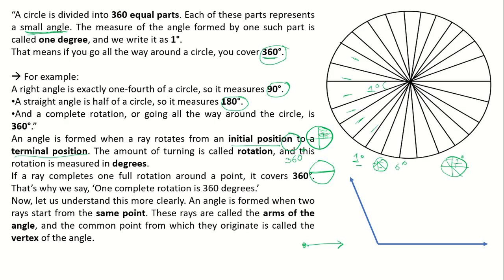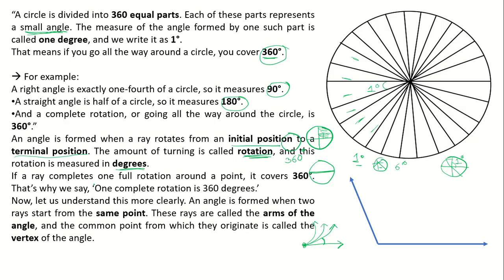When this ray moves in some direction, from its initial position to its terminal position, this is called an angle. The amount of turning is called rotation, and this rotation is measured in degrees. As in the circle, I have explained 1 degree, right? Similarly, this rotation or turning is measured in degrees.